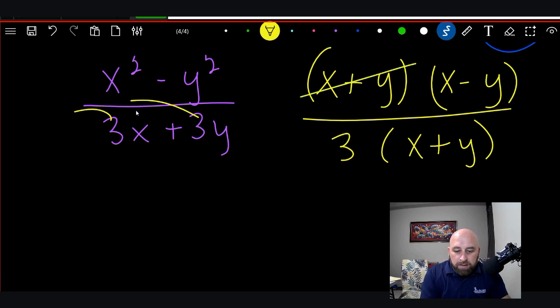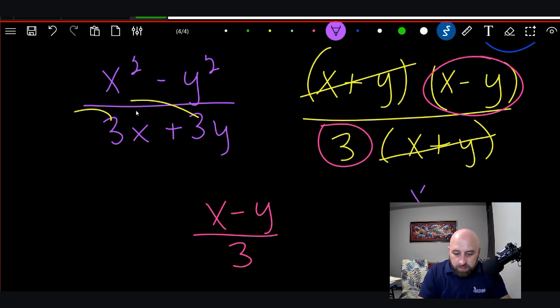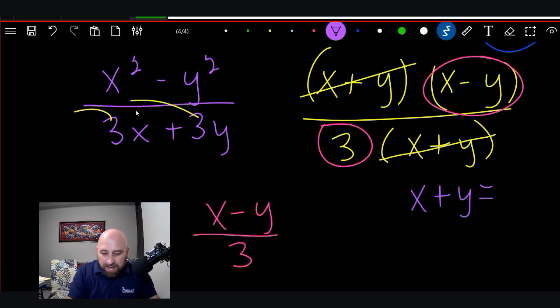All right, now this is interesting because this one's going to cancel this time. You'll see in just a second. Well, let's write it. So we have this over this. X minus y over 3. Now, what I said was you need to set this equal to 0. So x plus y equals 0. What's going to happen there?